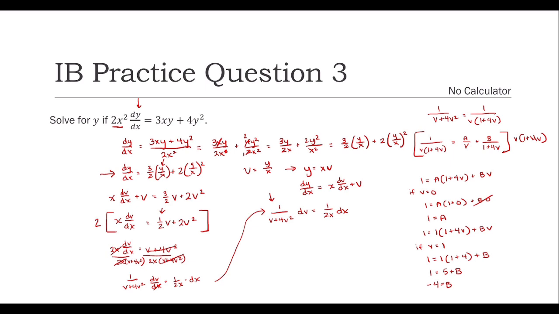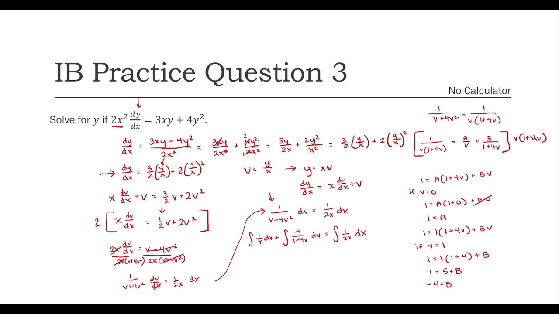So now this is equal to the integral of A over v, so 1 over v dv, plus the integral of B, so negative 4 over (1 plus 4v) dv, and that equals the integral of 1 over 2x dx.